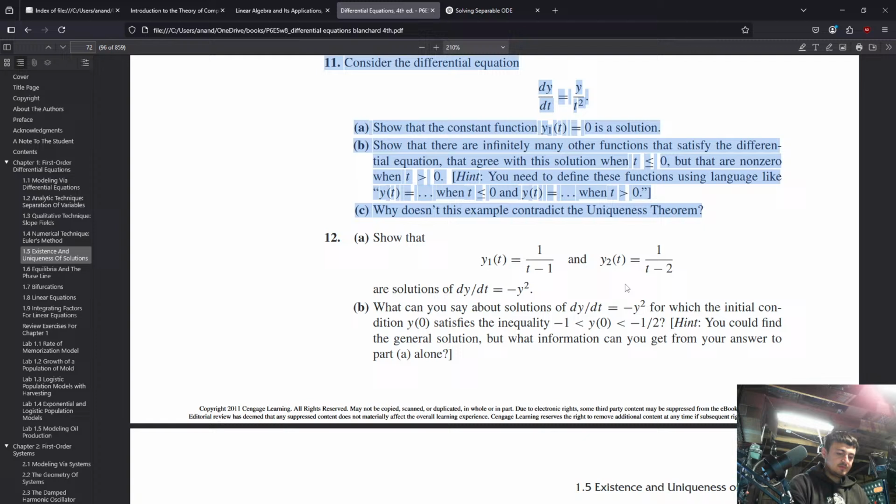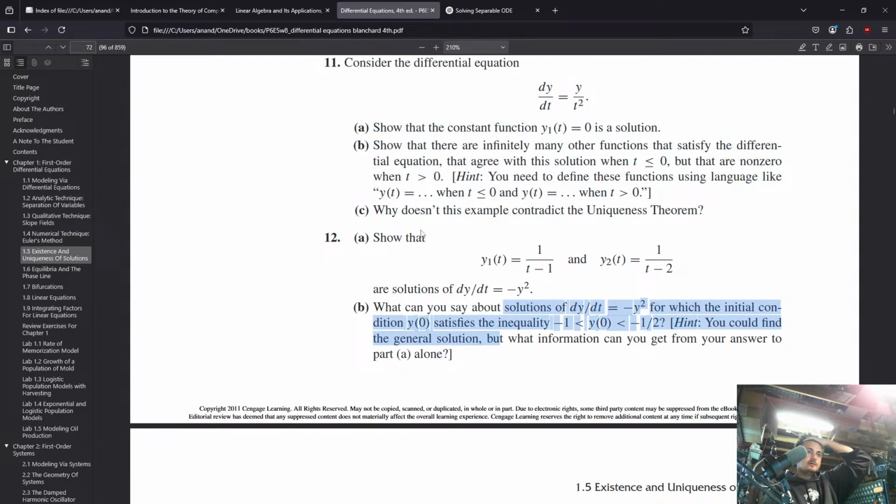All right, number 12. What can you say about solutions?